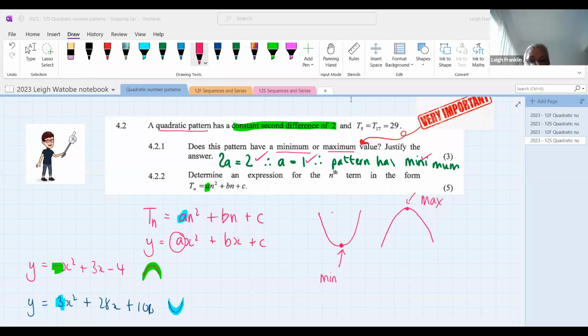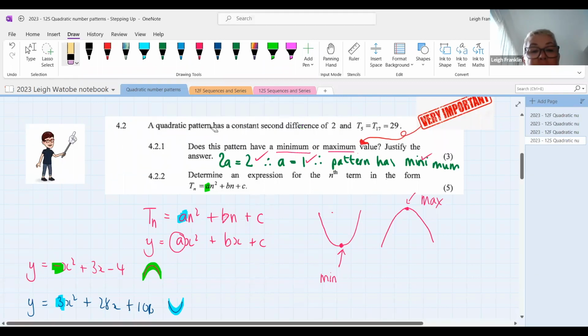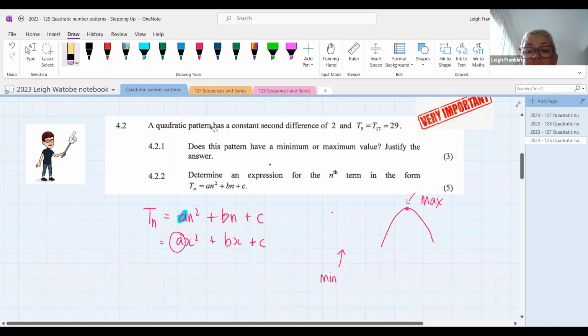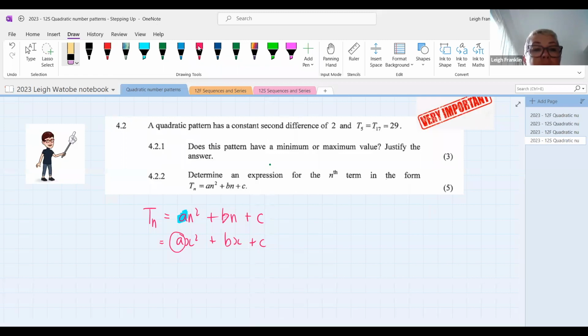What I'm trying to do is link your understanding of quadratic number patterns to what you know about the parabola, because a parabola and a quadratic number pattern have the same formula. The difference is that we refer to y in our parabola. Y is our output. That's what Tn is in the number pattern, in other words, the value of the term.